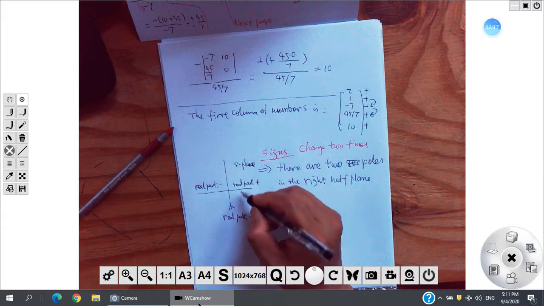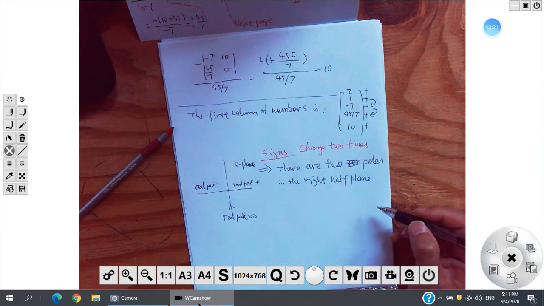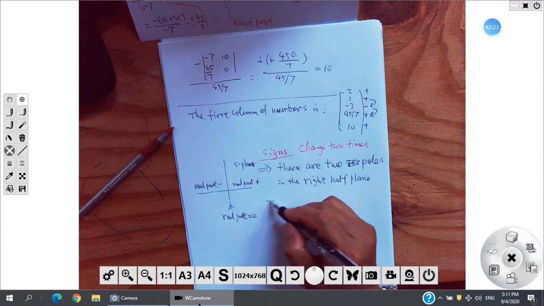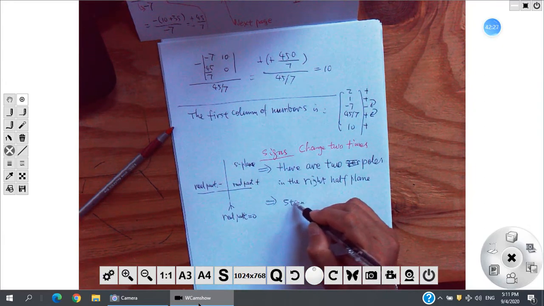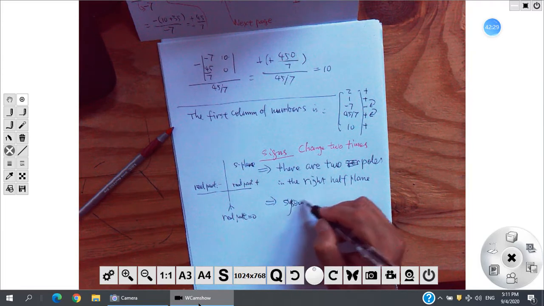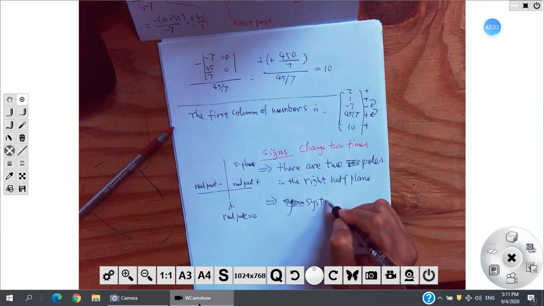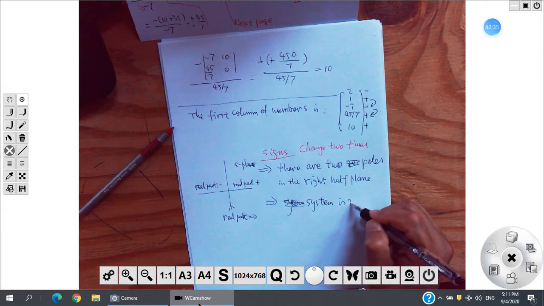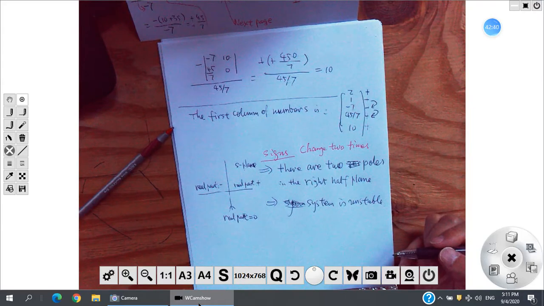So we have 2 on this side. So this system is unstable. System is unstable. System is unstable. You got it?